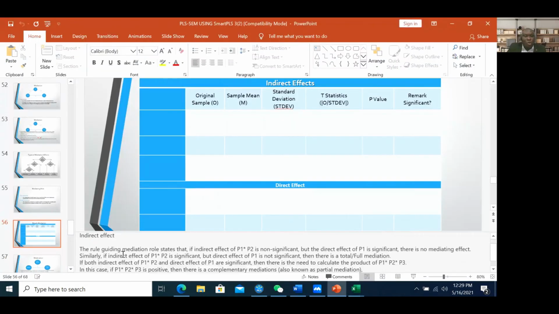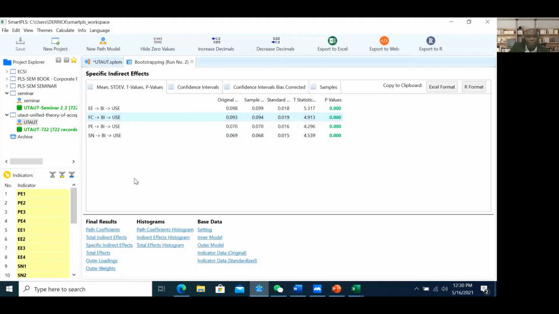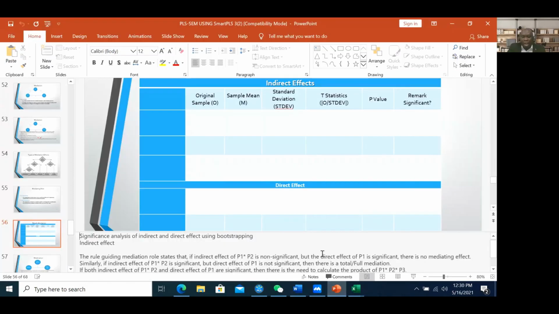The rule for assessing mediation is that if the indirect effect is not significant, but the direct effect is significant, then there's no mediation. That is number one.